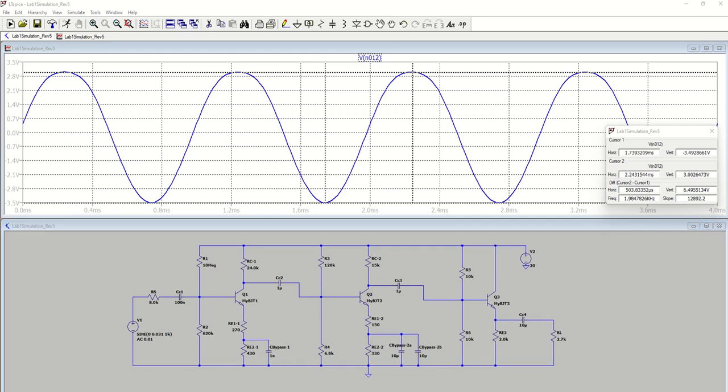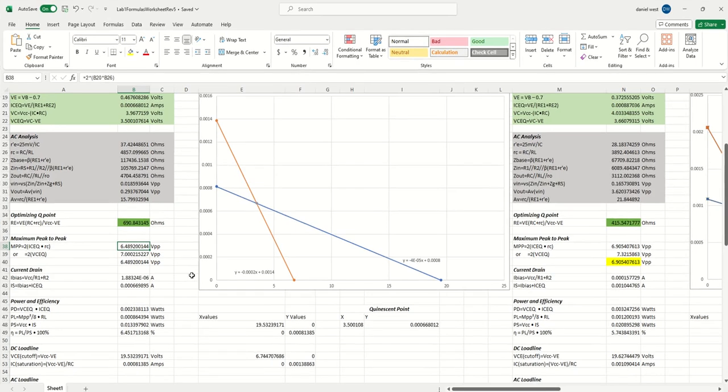And just to go back over some of the calculations, your max peak to peak is the lesser value of the two. There are two different equations, and your max peak to peak will be the lesser value of the two. And then this optimizing Q point, which I included in the first video of this series, will help you maximize your peak to peak.